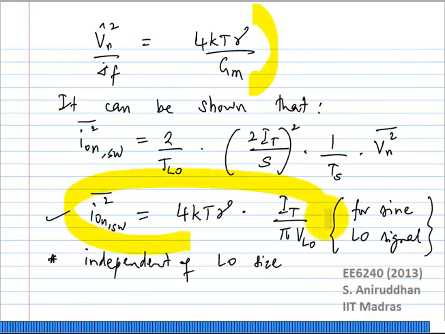What does this depend on? The output noise due to the switches depends on the current through the switches. Correct? This IT was what was flowing through the switches earlier. Now this will not be IT but IT minus I0. Is that a good thing or a bad thing from the point of view of noise? It's a good thing.